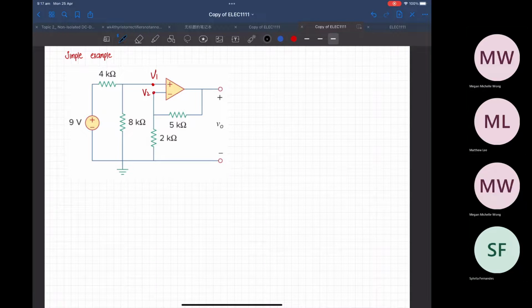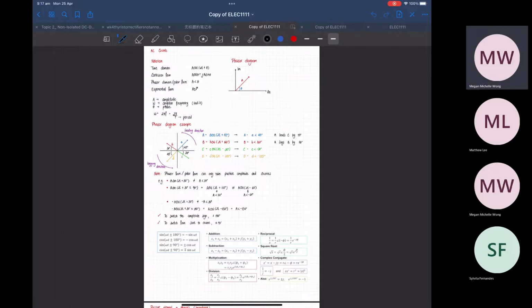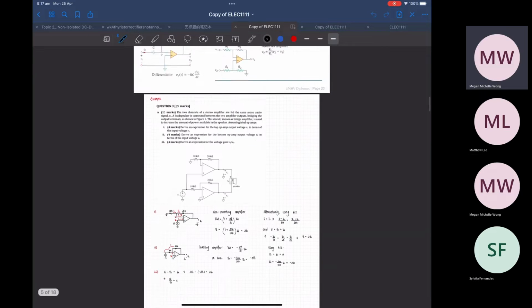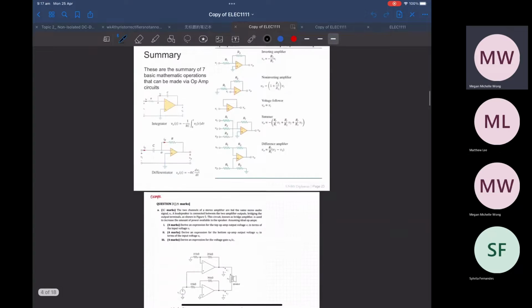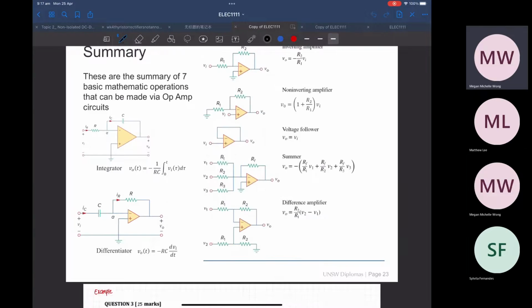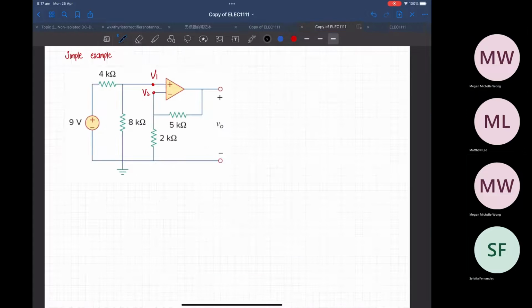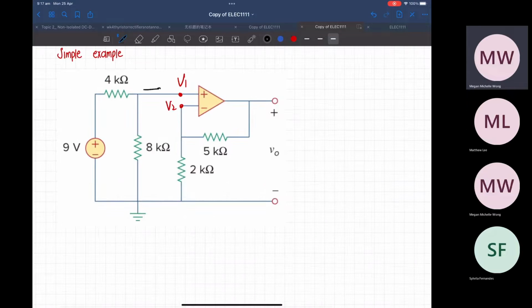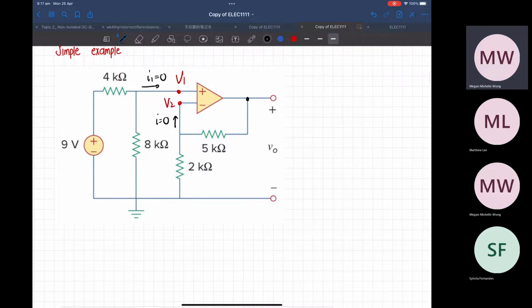Okay, the current here is 0, the current here is 0, and then we have our Vout here, and this is the same as V2.